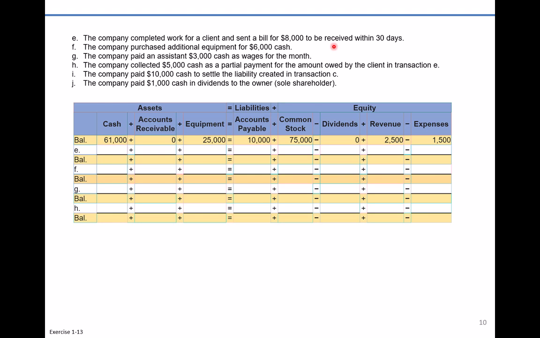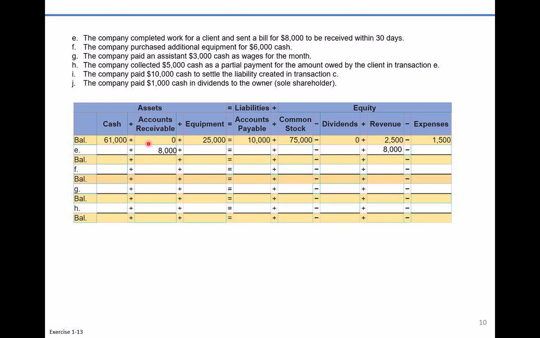So we're going to have a receivable. We've got an IOU. We didn't get cash now. We'll receive that cash when? In 30 days. So the type of asset that we have instead of cash is an account receivable for $8,000.